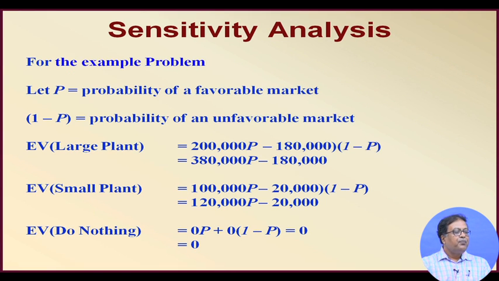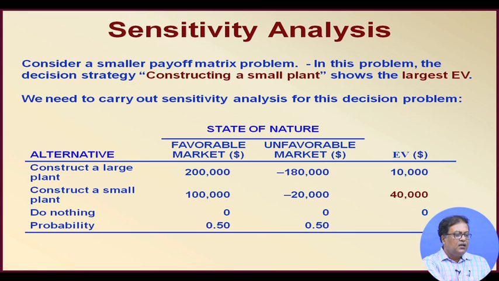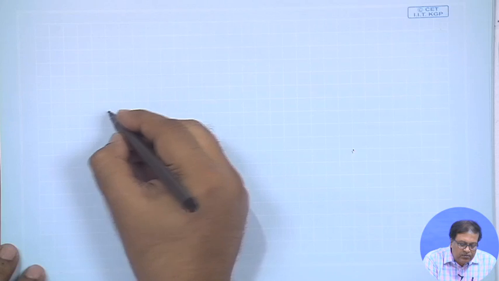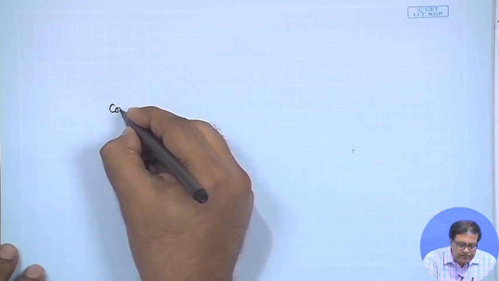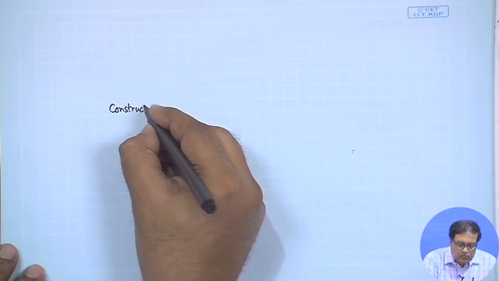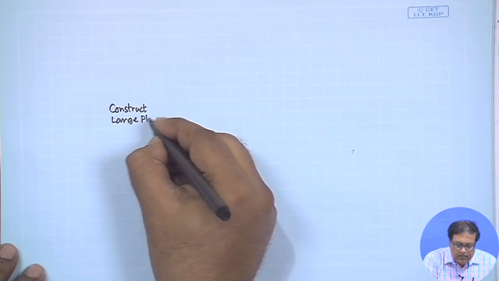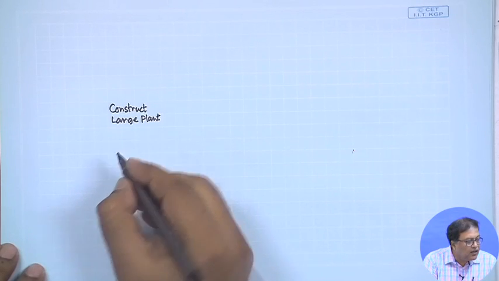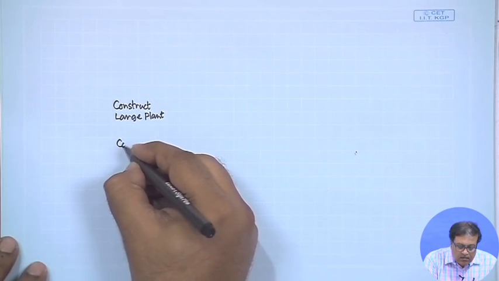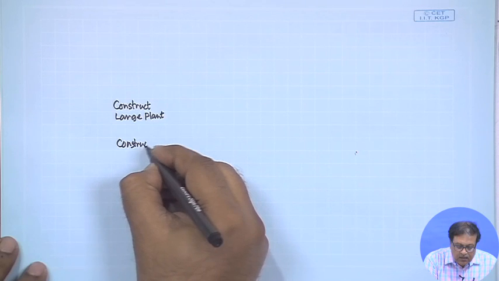So, let P be the probability of a favorable market, and therefore 1 minus P would be the probability of an unfavorable market. So, let us do this problem. First of all, these are the two decisions: construct a large plant, and the second one was construct a small plant.